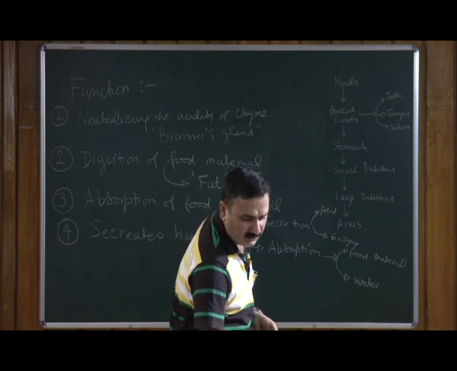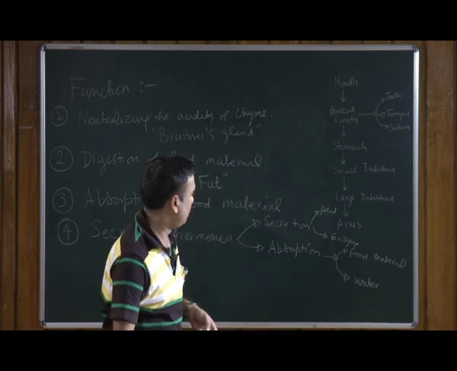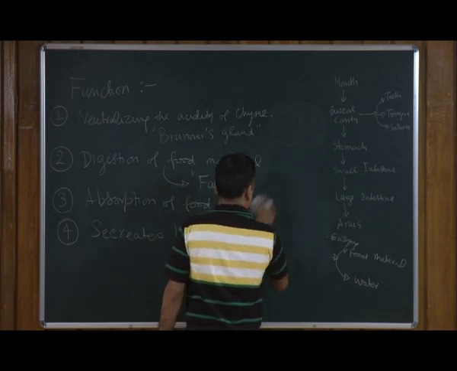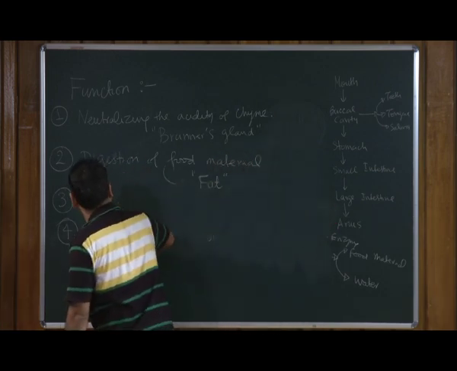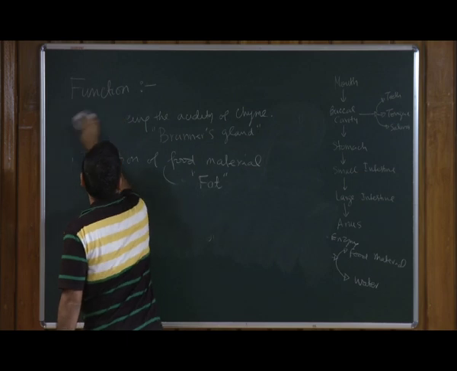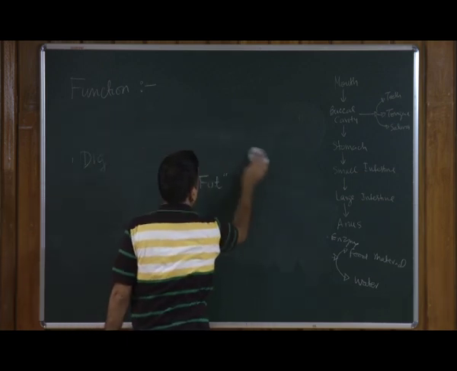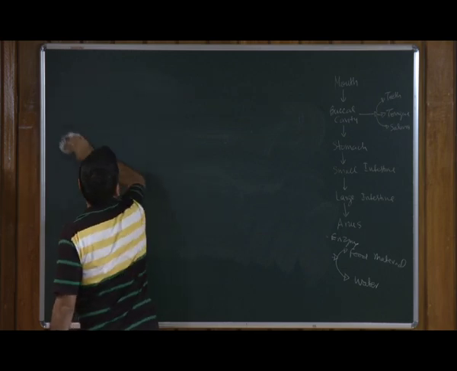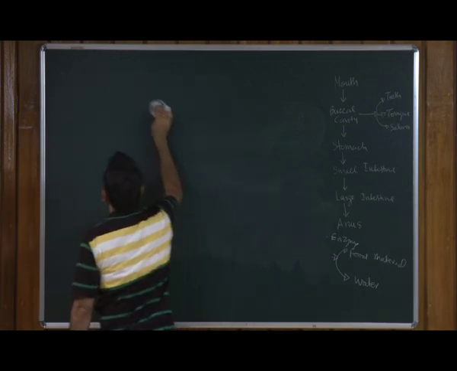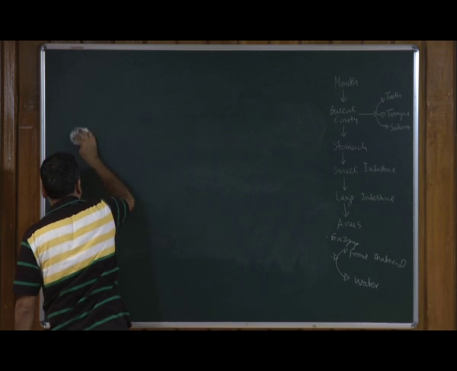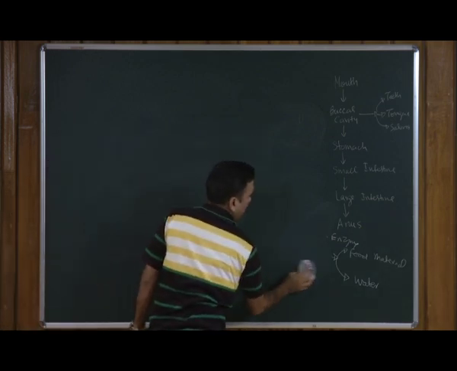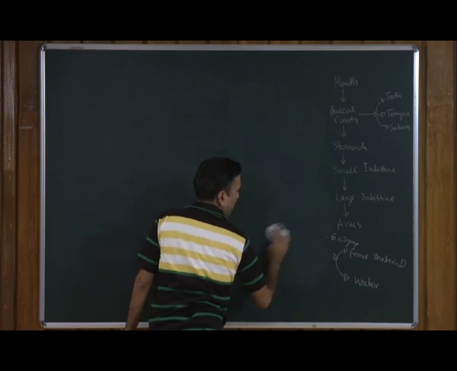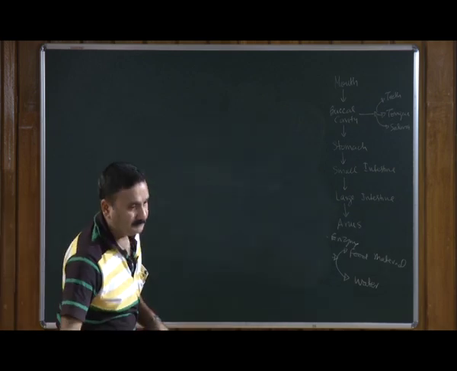Now, let us go to the next anatomical structure. The ileum part of the small intestine opens into the large intestine, and the large intestine is called large because it is very wide in diameter, whereas lengthwise the small intestine is the longest intestine present in the digestive system.